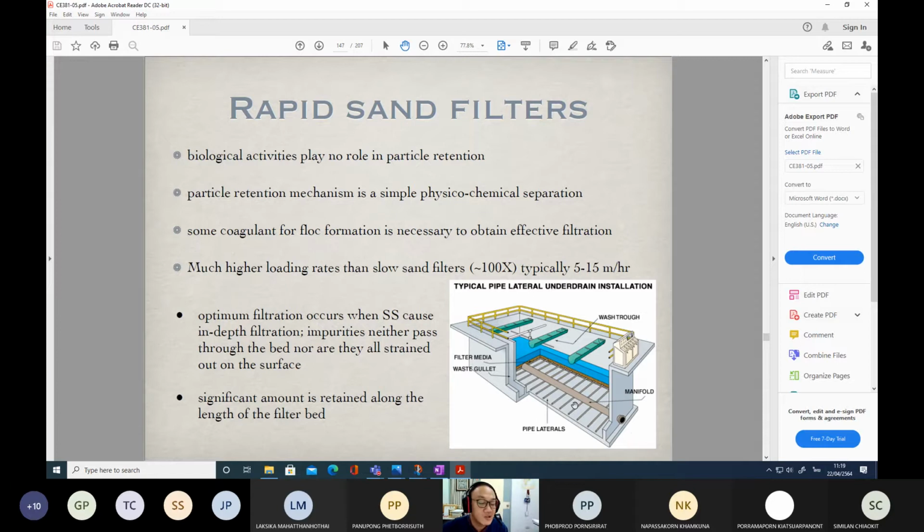Normally, this manifold is used to collect filtrate water. But if we want to clean the filter media, we put clean water through the manifold, and then it releases the treated water into the media layer.